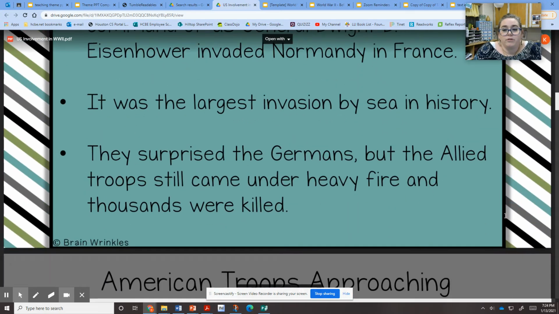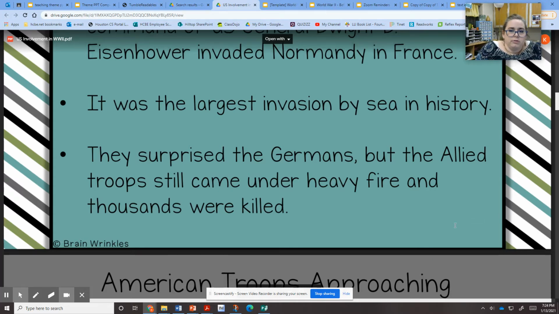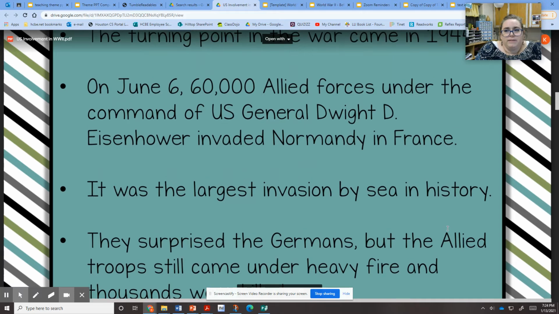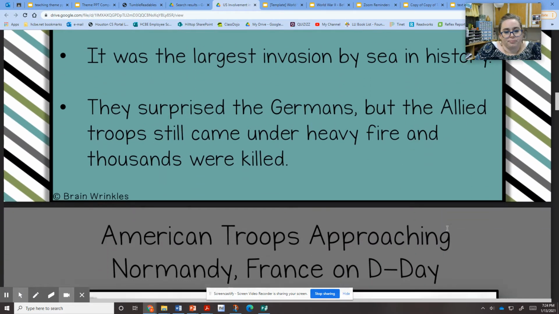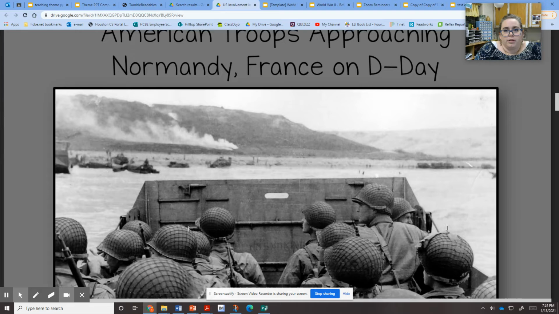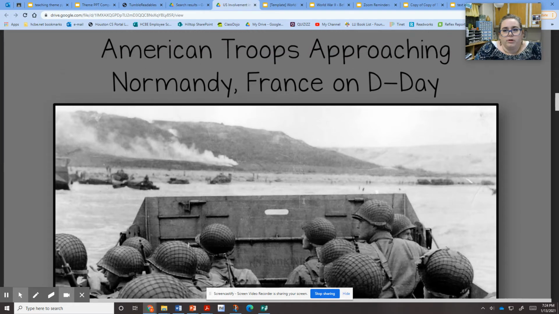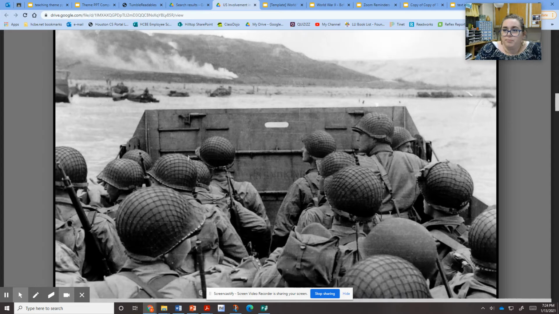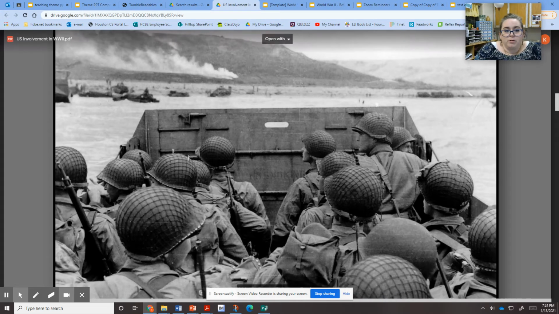They surprised the Germans, but the Allied troops still came under heavy fire and thousands were killed. So it was not just some easy thing. Here are the American troops approaching Normandy, France on D-Day. The Germans had taken over most of France and even England.